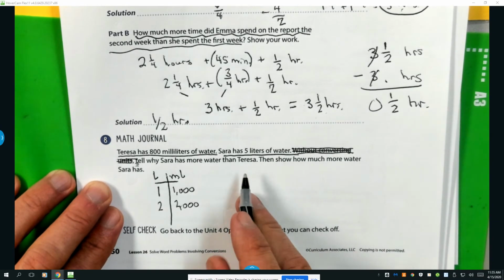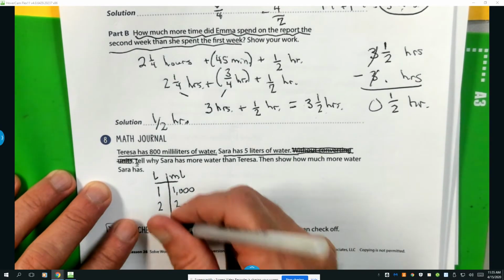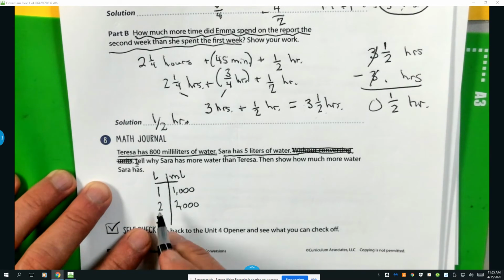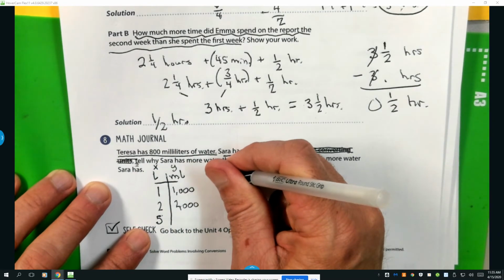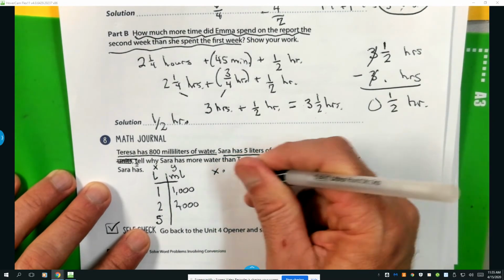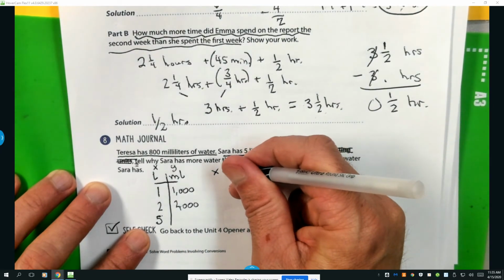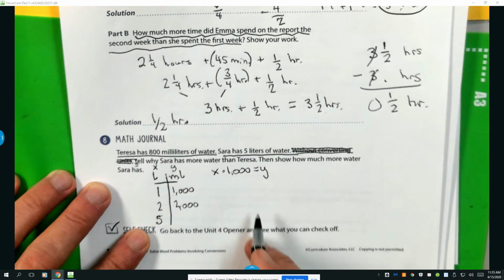So let's, first of all, figure out something about Sarah here. So if she has 5 liters, to get from our X side, which is liters, to our Y side, all we have to do is say X times what? How do I go from 1 to 1,000 using multiplication? X times 1,000 will equal Y.